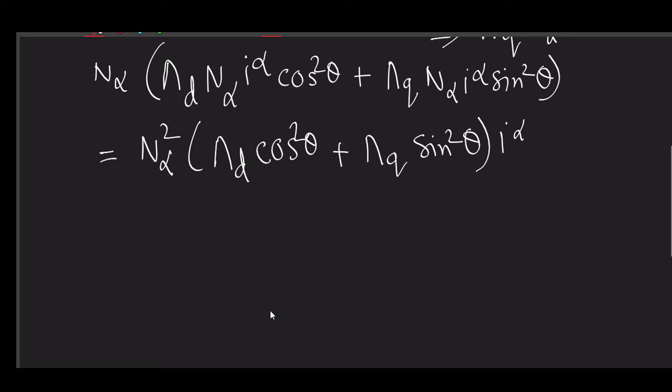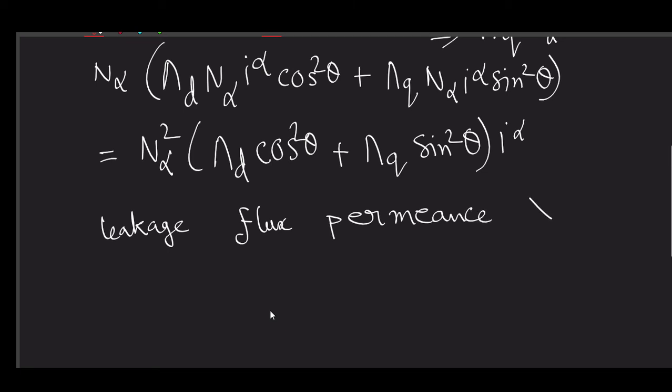So if the armature flux leakage paths have an additional permeance lambda, then what we will get?